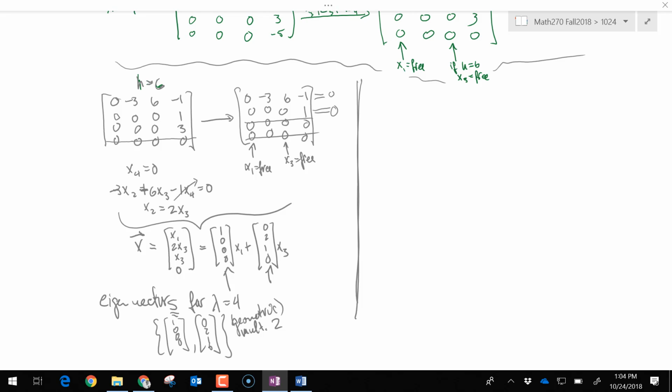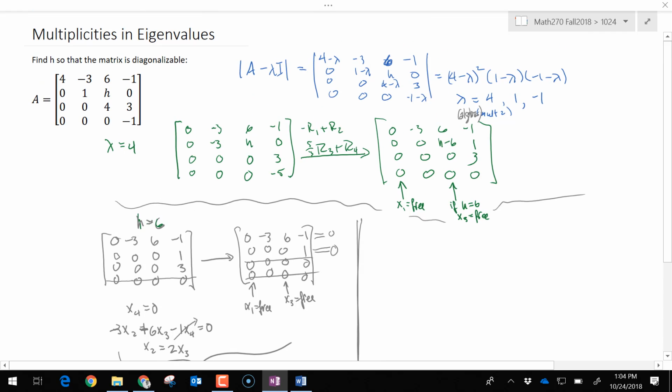If the number of eigenvectors, the geometric multiplicity, doesn't match the algebraic multiplicity, then it would not be diagonalizable. The algebraic multiplicity is the multiplicity from the characteristic polynomial. When you find your lambdas, here we had lambda, 4 minus lambda squared, so that had algebraic multiplicity 2.